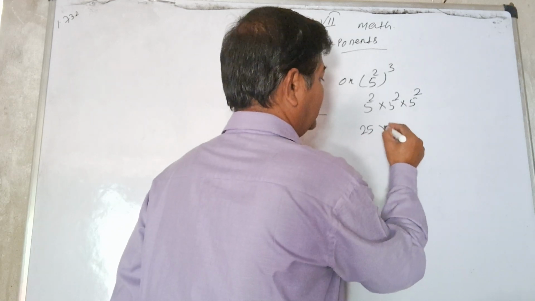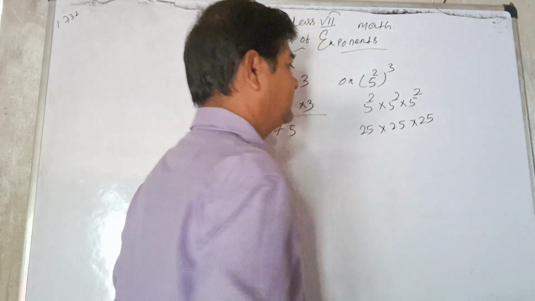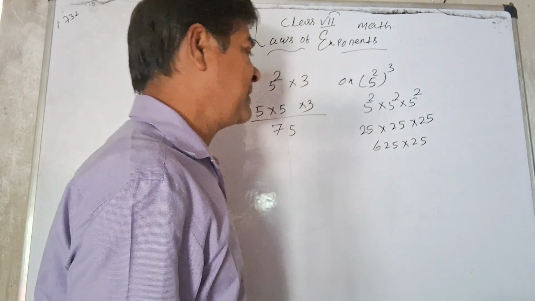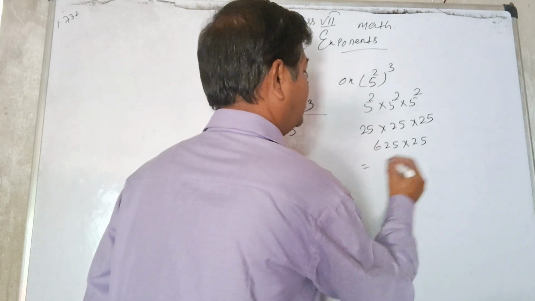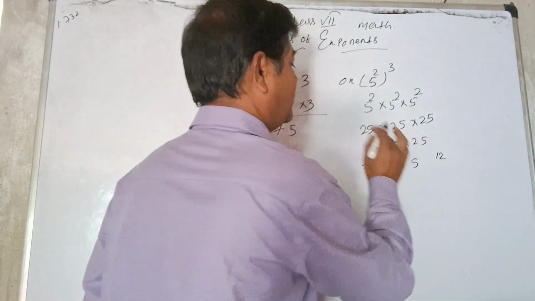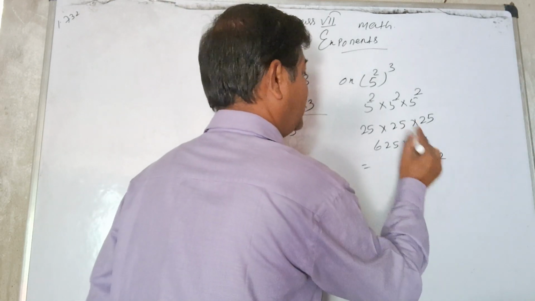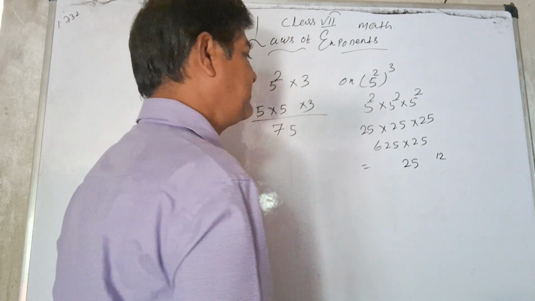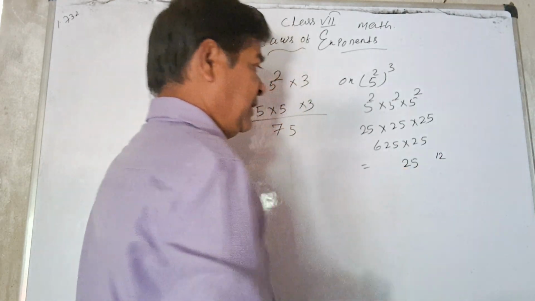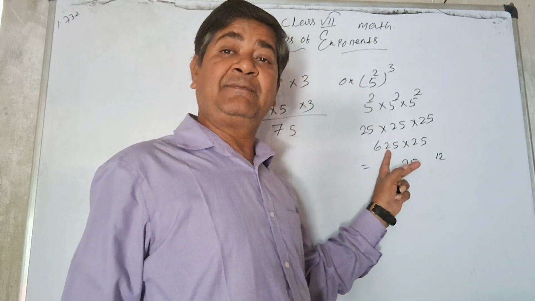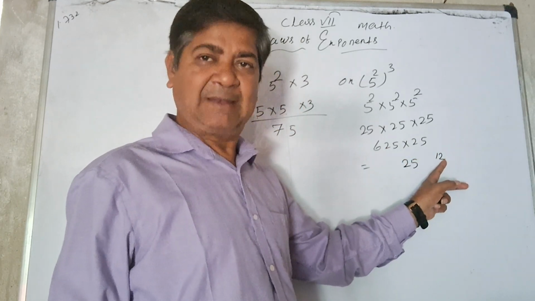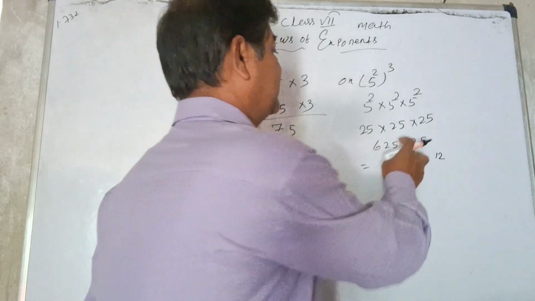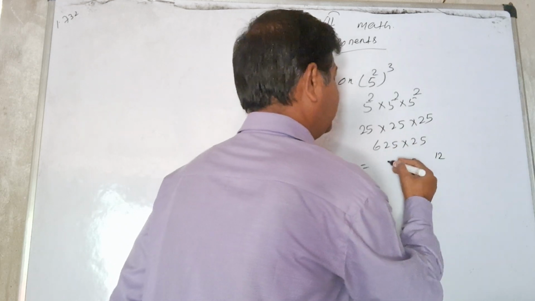That is 25 into 25 into 25. 25 times 25 is 625, into 25. 25 times 5 is 125, 4 5s carry 12. 25 times 2 is 50 plus 12, 62, carry 6. 25 times 6 is 150 plus 6, 156.